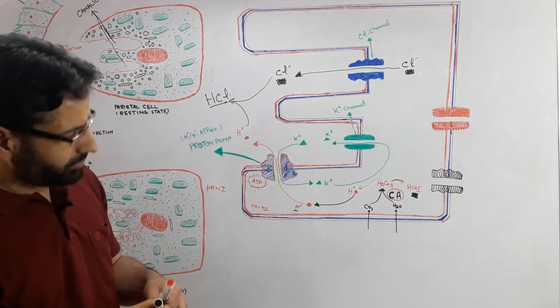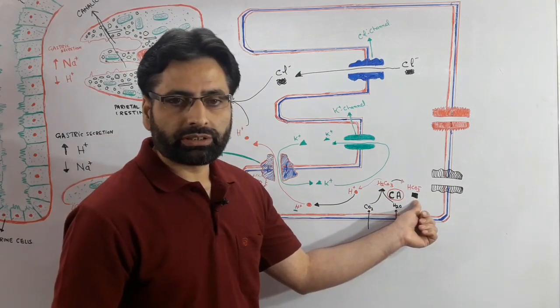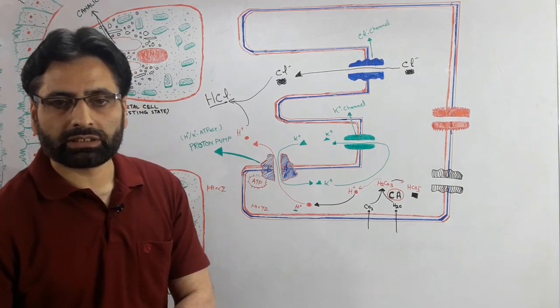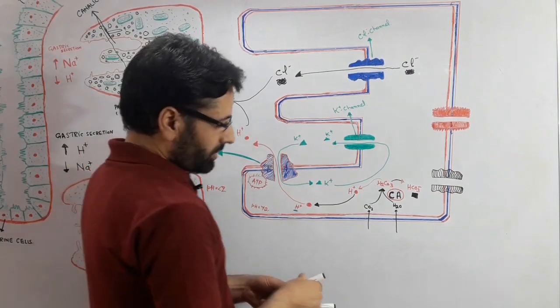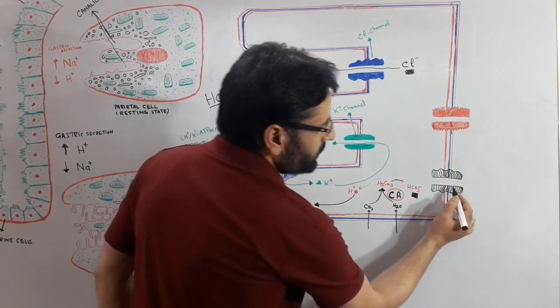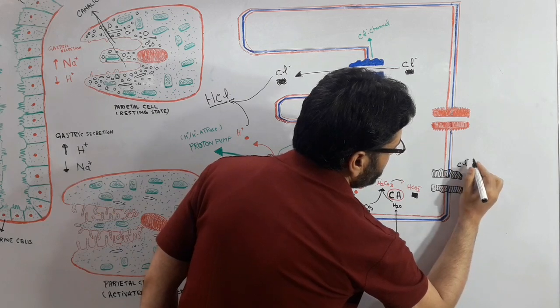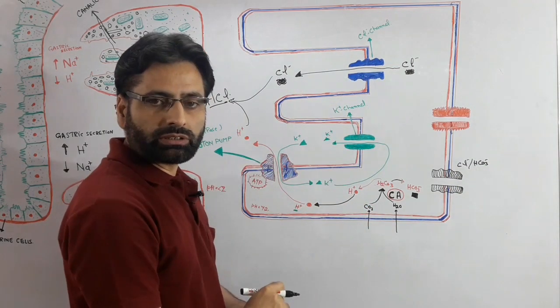Now the question is, what will happen to this bicarbonate and what is the probable source for this chloride ion? So let us try to understand. In this basolateral region, we have this chloride bicarbonate exchanger. This is an antiporter.